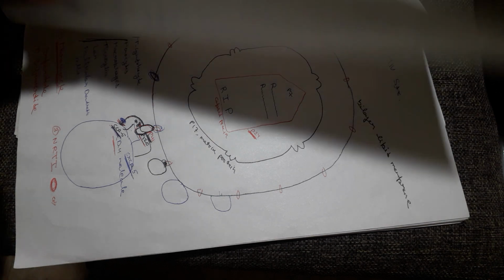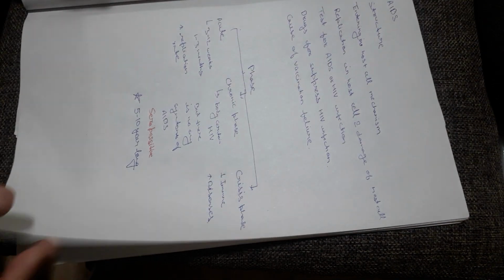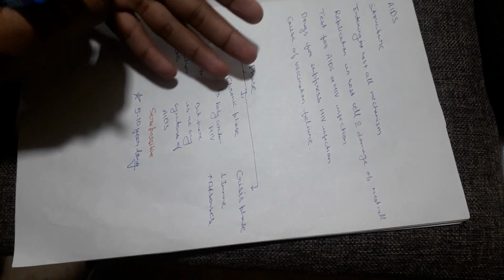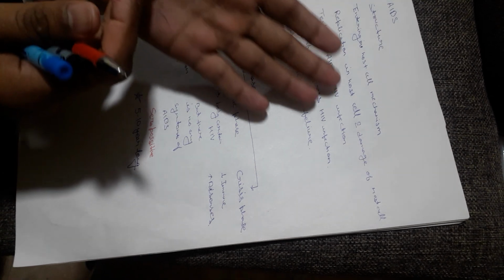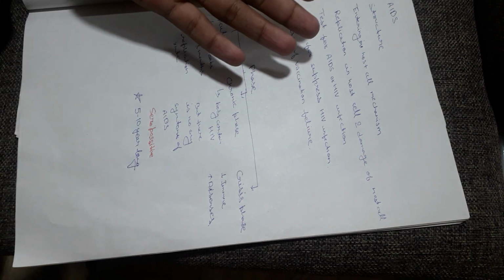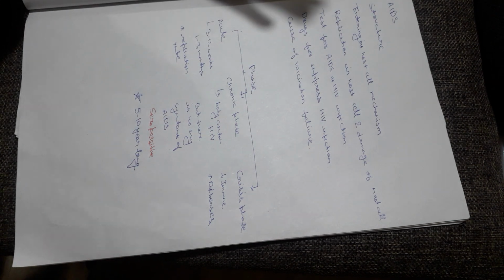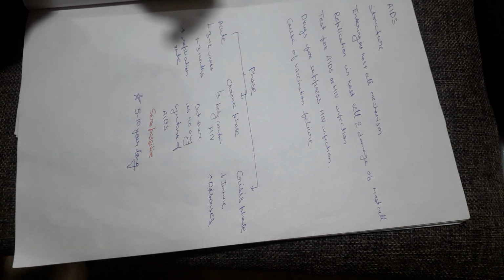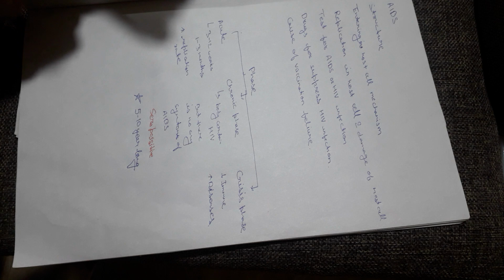So we have completed today's topic: what is AIDS, and the structure of HIV, how it enters the host cell. The main thing is that it enters with the help of gp120, and replication in the host cell occurs by reverse transcriptase.